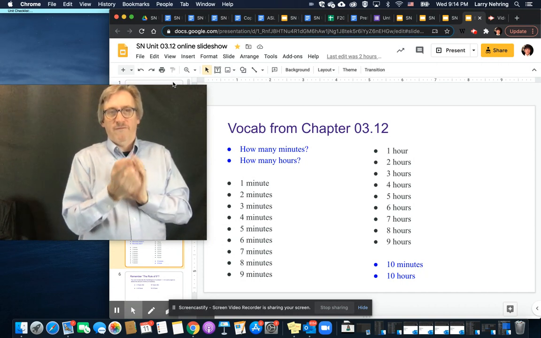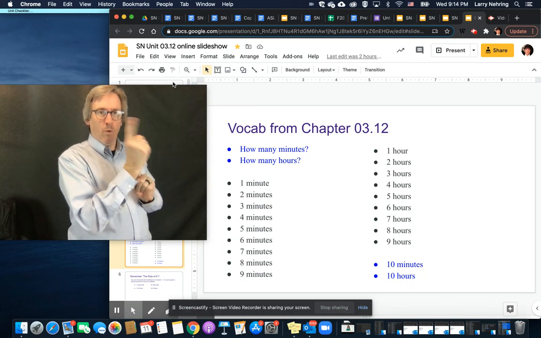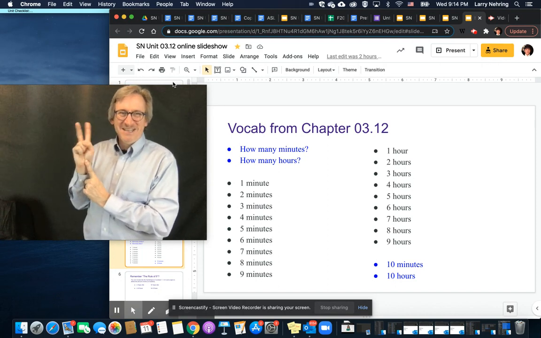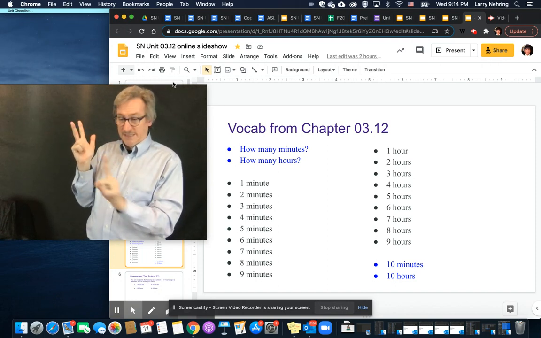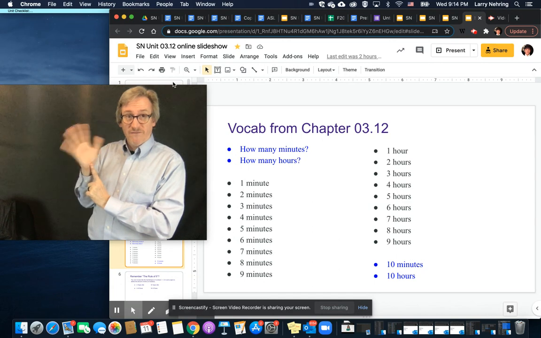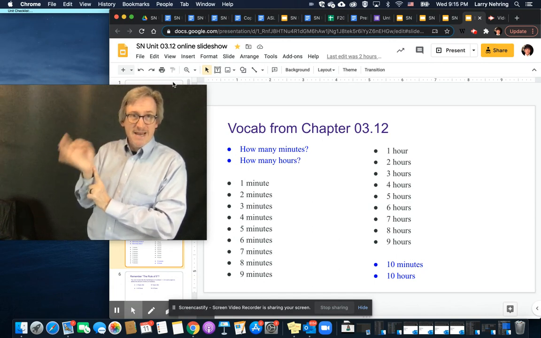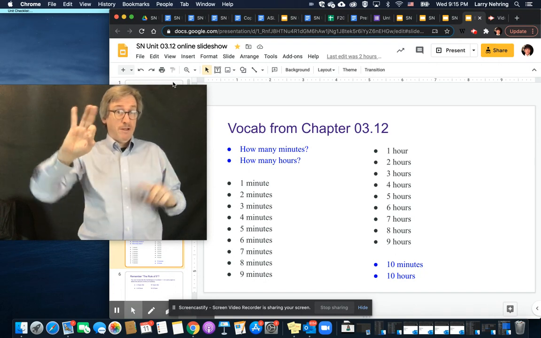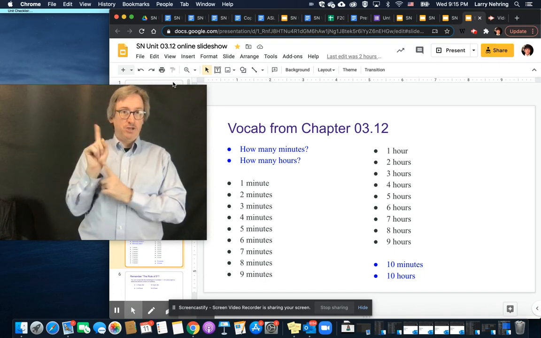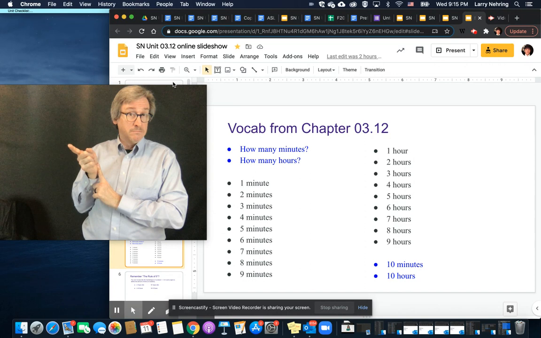So if I want to say 1 minute, 2 minutes, 3 minutes, this hand doesn't change. 4 minutes, 5 minutes, 6 minutes, 7 minutes, 8 minutes, 9 minutes. So all I did is I changed the hand shape. The generic sign for minute is this.